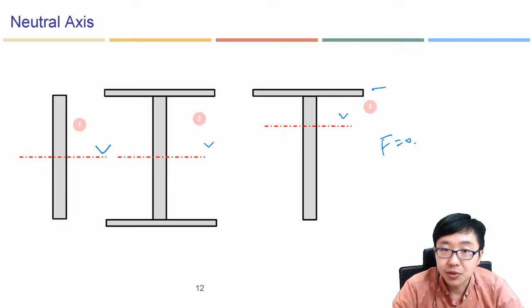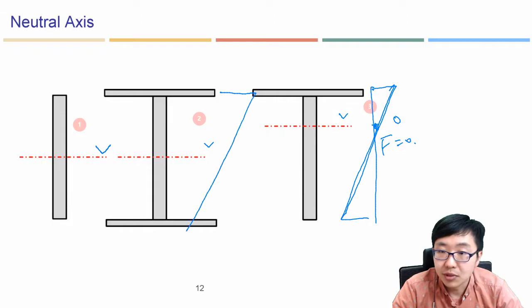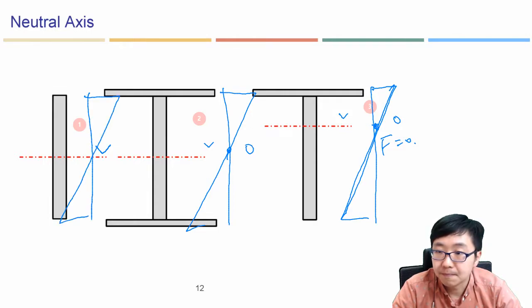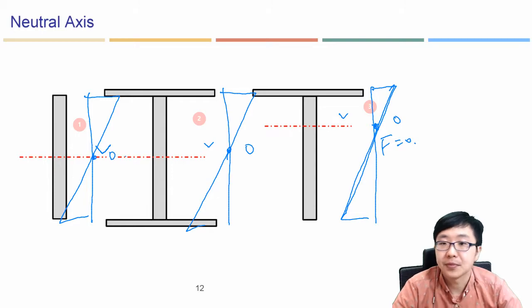So the distribution of the stress will be like this. Sorry, at here that should be 0, and it will be like this. This is also 0. Also 0. Okay.